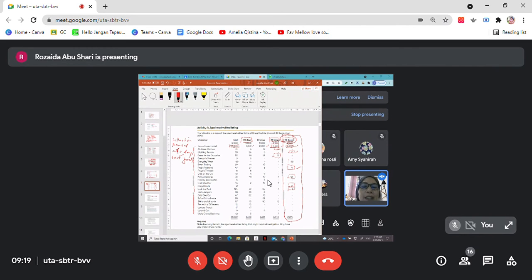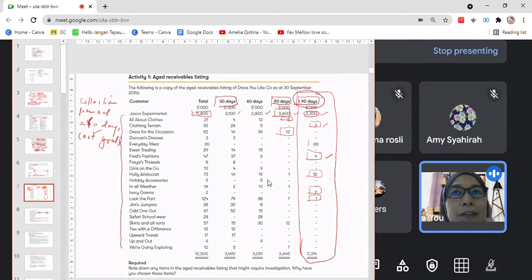Okay, sebab dia different from the policy given by the company. Policy dia 30 days. So dia akan bagi 60 days to the supermarket sahaja. But now when it relates to the payment, this is overdue more than 90 days. So you have to check why the company is not able to pay their debt.